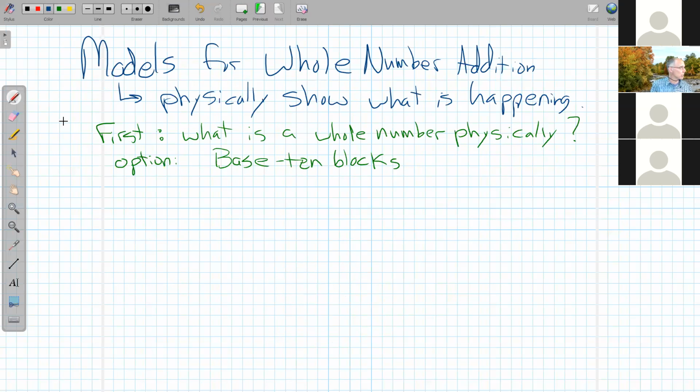In the early days before these things were mass marketed, these toys for teaching, teachers would make their own. So another option that I used to see when we had smaller budgets and this stuff wasn't out there, it could be like beans to represent ones, and then popsicle sticks to represent tens.